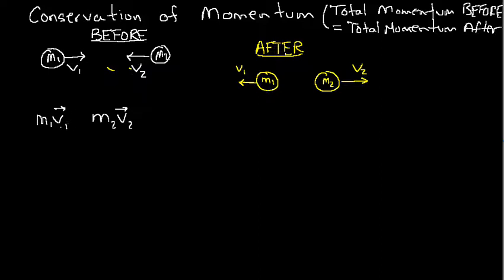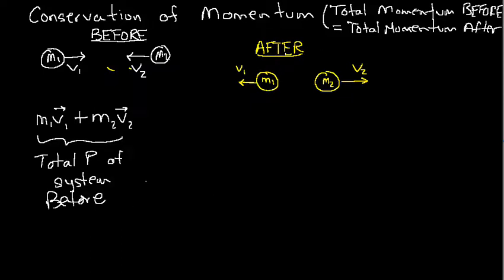But for now, I'm just going to use the vector notation to show that this object has some momentum, this object has some momentum, and if we add both of them together, that's the total momentum of the system before the collision.